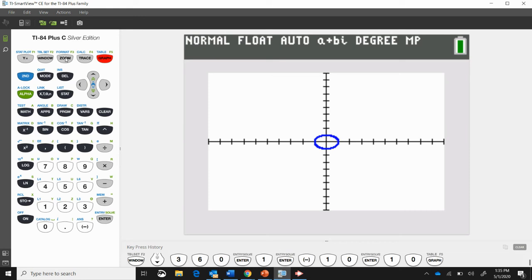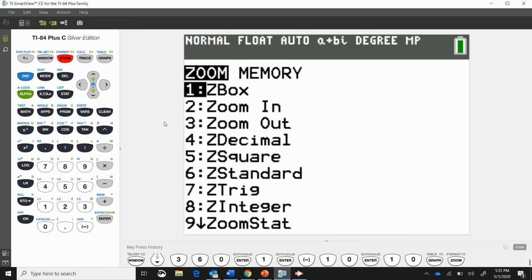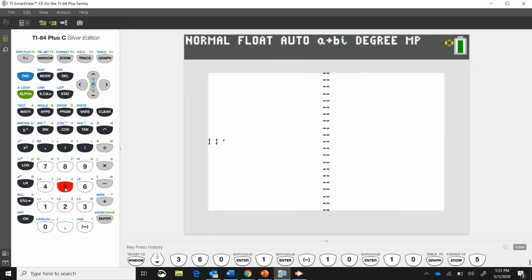So I think I showed you this in a previous one. If you don't want it to look like an ellipse because it's actually a circle, you can hit number 5, which is zoom square, and that'll actually make it look like a circle because the X's and Y's were different size.